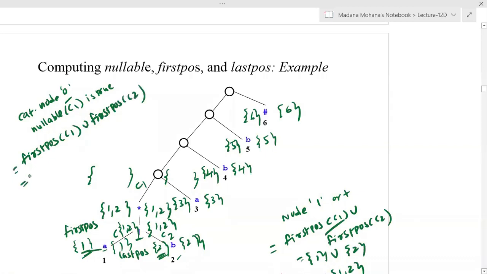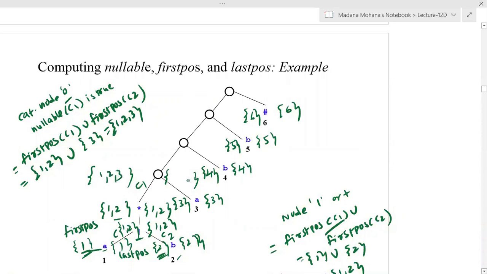For this node, child 1 first position is 1, 2, union, then for child 2 the first position is 3. Now this becomes 1, 2, 3. These values are 1, 2, 3.